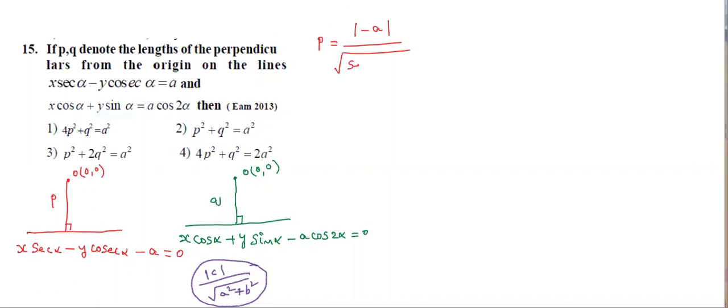That means secant square alpha plus cosecant square alpha. Now modulus of minus a, that is a, divided by under root of secant square, write that as 1 by cos square, plus cosecant square, 1 by sin square. Now take the LCM.